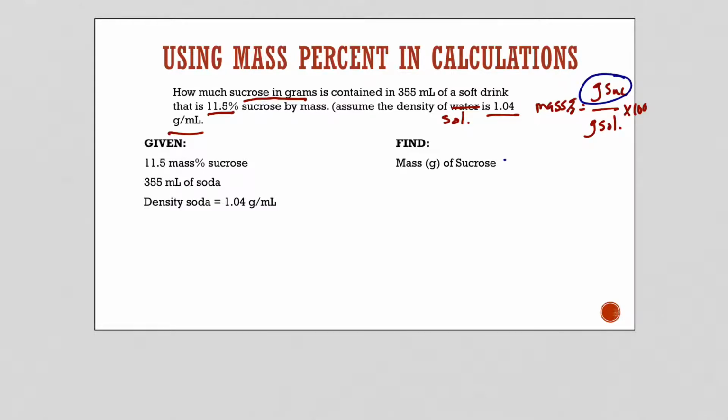So that means my grams of sucrose are going to be my mass percent divided by 100 times my grams of solution. And that'll allow me to solve for my grams of sucrose.